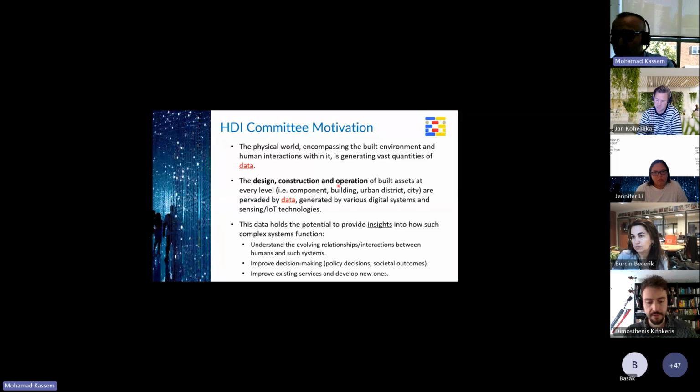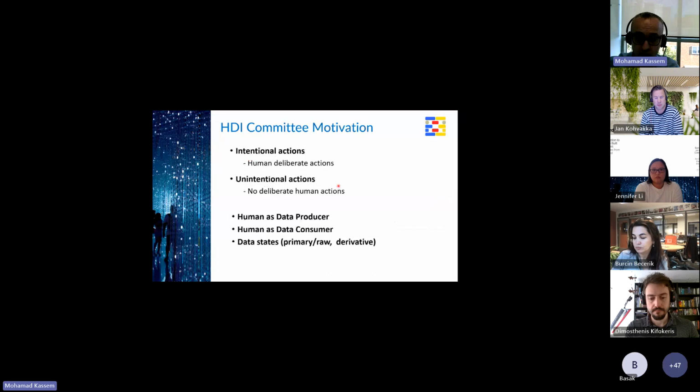So there is a huge opportunity to untap this wealth of data to generate insights that help us understand how the relationship between the built environment and humans is evolving and changing. We could inform policy making. We could strive to achieve better societal outcomes. We could develop new services. We could improve existing ones. All those things are really key, and data can help us to unlock them.